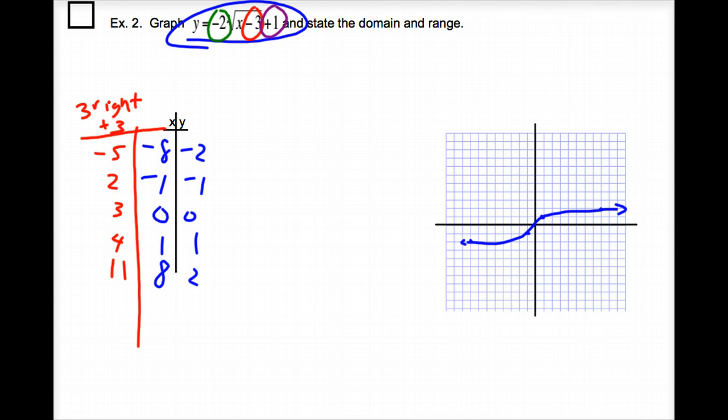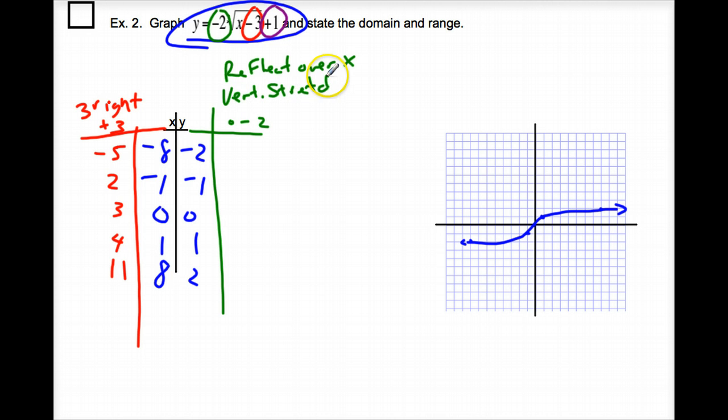Next, I have to deal with the -2 before the +1 because of the order of operations. And the negative 2 is actually two things, but I'll let you go ahead and apply them at the same time. You're going to multiply by negative 2, but if you're going to describe transformationally what's going on there, you would say that it's a reflect over the x because of the negative, and it's also a vertical stretch of 2.